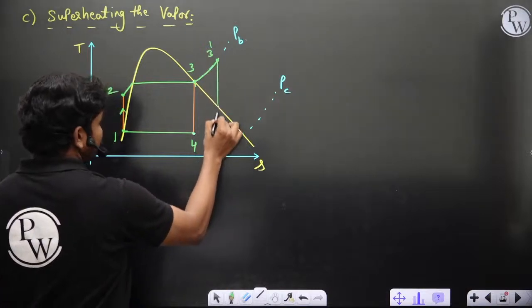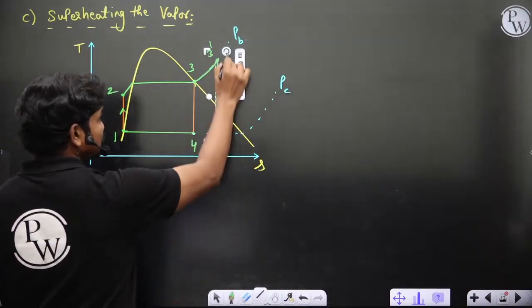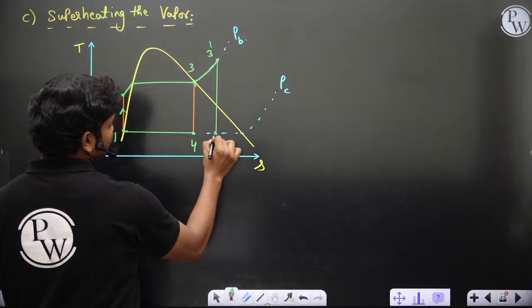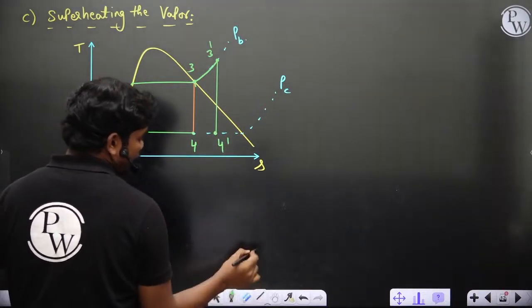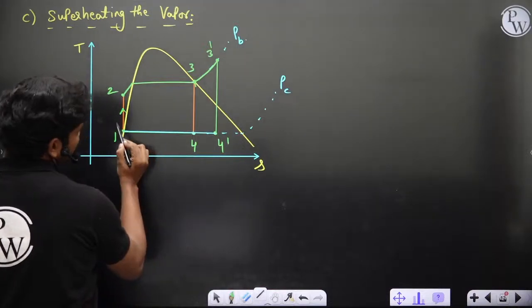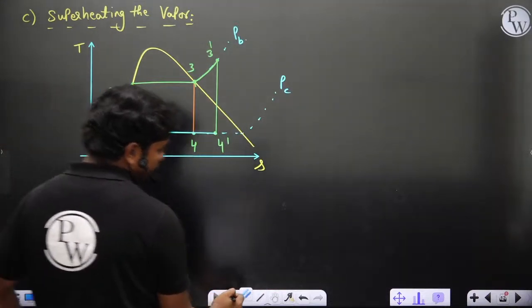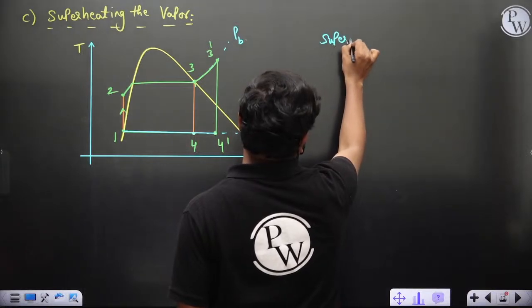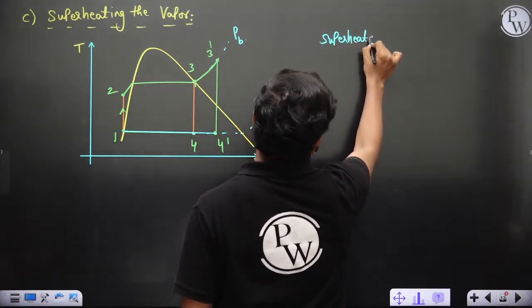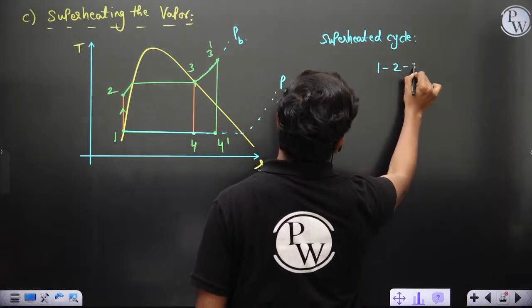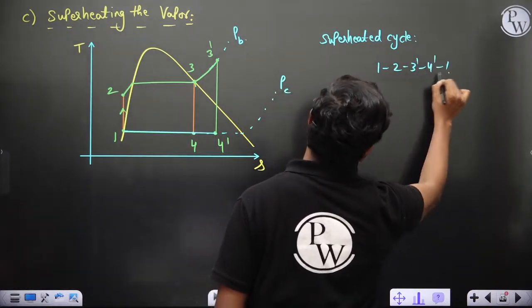Now from here if you do isentropic expansion to 4 dash, the pressure ratio is the same, no issues. So this is 4 dash, and 4 dash to 1 here. Now clearly you can see the superheated cycle is 1, 2, 3 dash, 4 dash, 1.